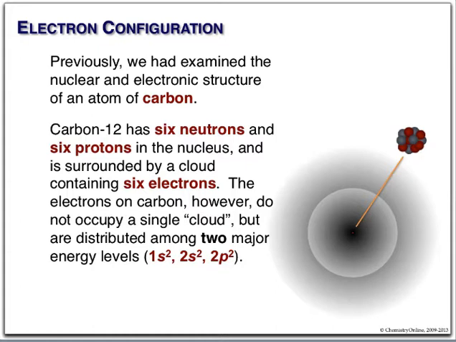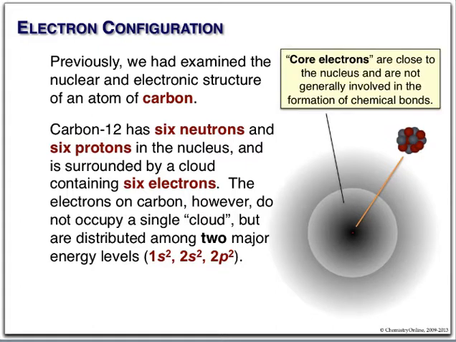The electron distribution is between the first and the second quantum level: 2 electrons in the 1s, and 4 electrons, 2 in the 2s, and 2 in the 2p. The electrons in the first quantum level we call core electrons.